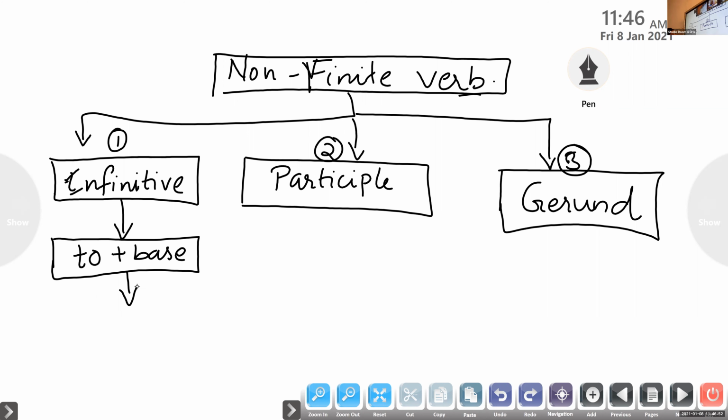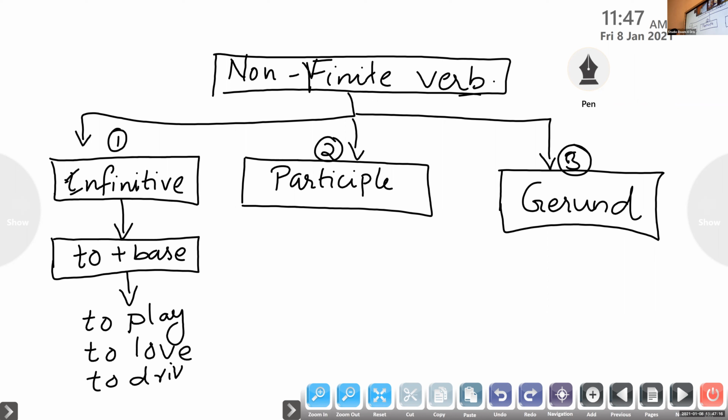Write examples for the non-finite to-infinitive form. To play. See, to plus base form does not show the tense form, so this comes under non-finite verb. To play. To laugh. To drive. Only 3 examples I am writing.